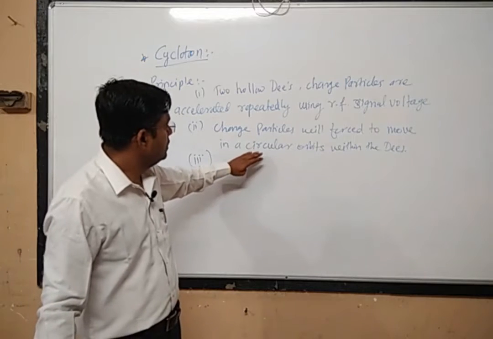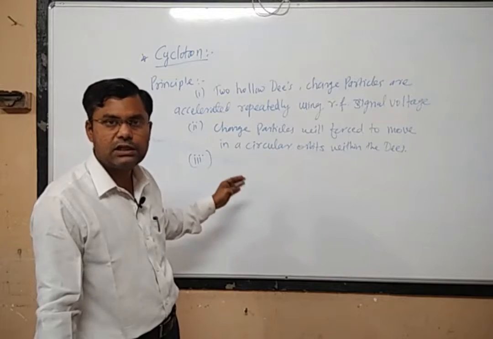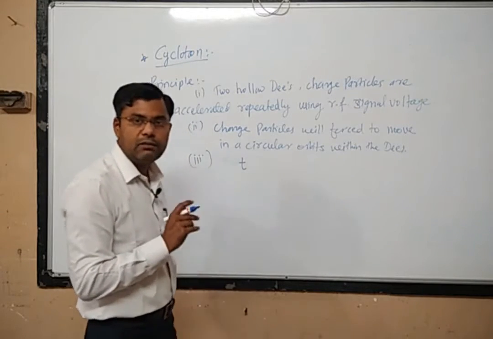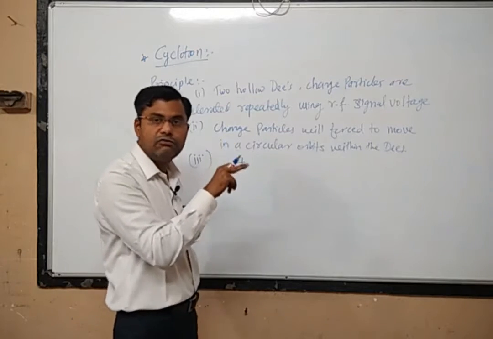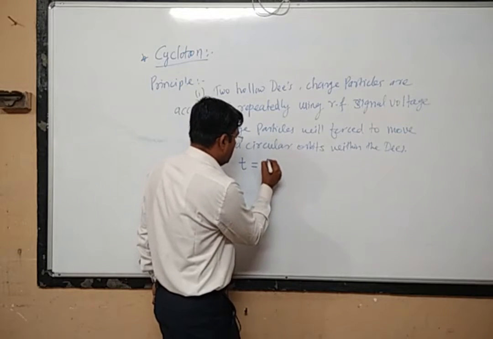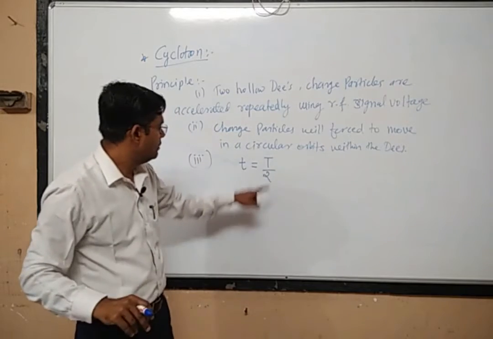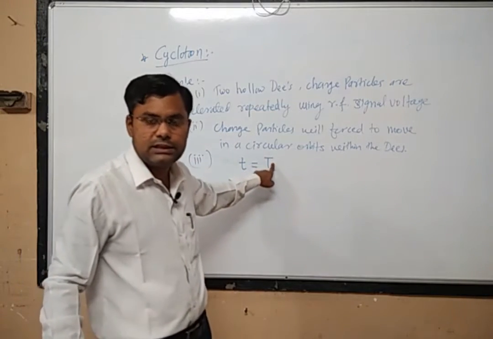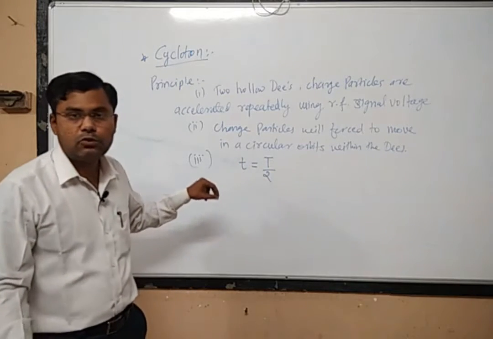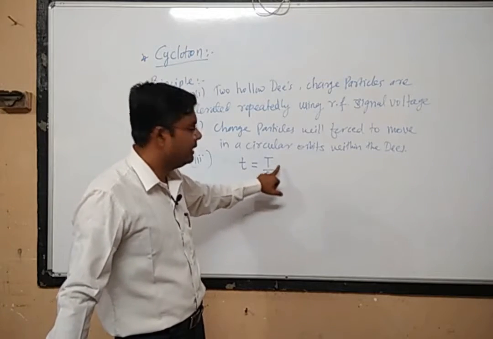And in order to do this job very efficiently, what is to be done? The time required for the charged particle to travel within one D should be equal to half of the period of the AC signal, where capital T is the period of the AC signal, that is the RF signal.